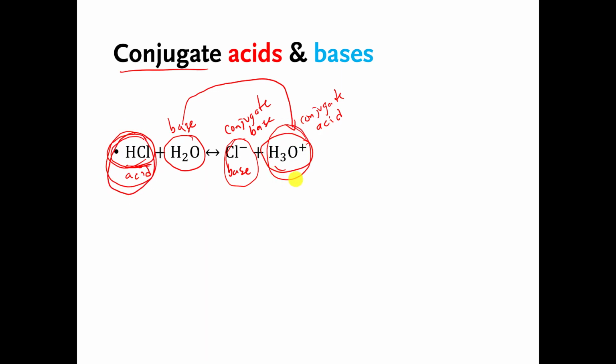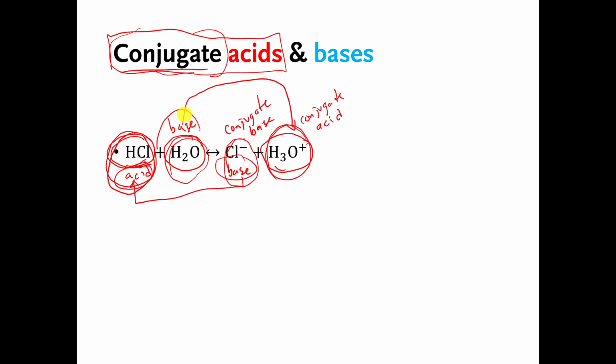And this stuff over here is the acid, and this is its conjugate base. So this word gets used in your textbook, but basically it just means the material on one side of a reaction equation that's related to some other material on the other side. So the acid turns into a conjugate base, the base turns into a conjugate acid.